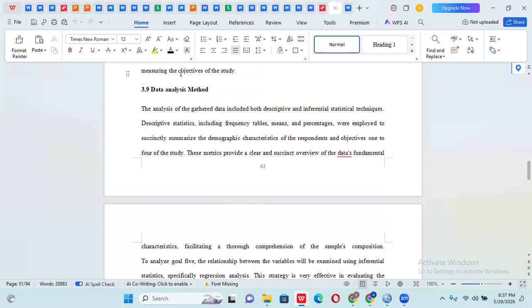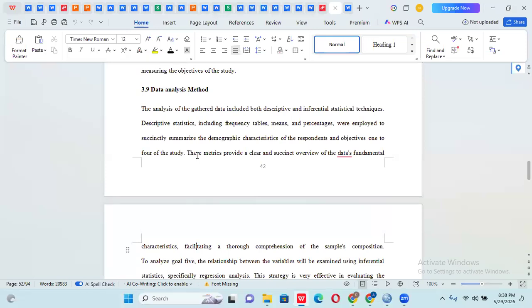Now look at it. The statistics, including frequency tables, means, and percentages were employed to summarize the demographic characteristics of the respondents, and objectives 1 to 4 of the study. Okay, so meaning that for 1 to 4, descriptive analysis was used.